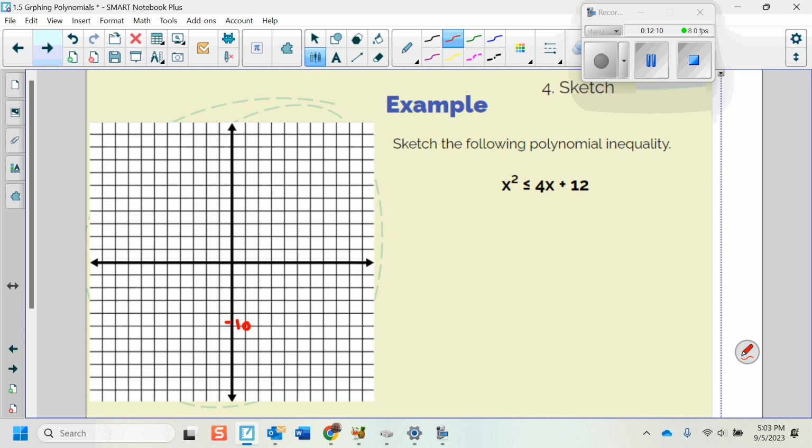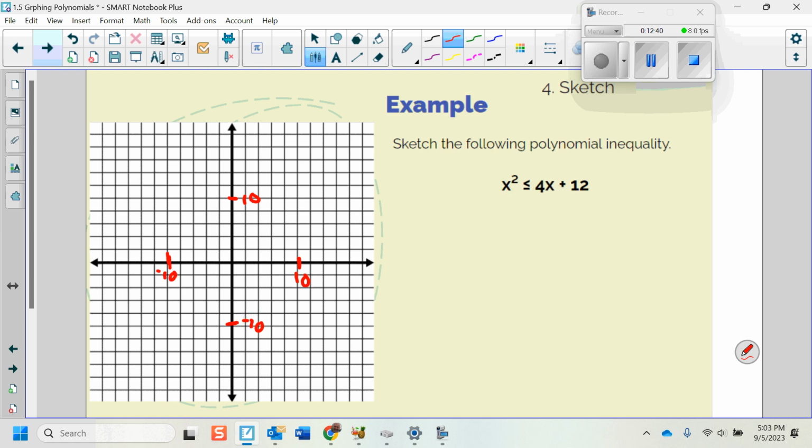Oops, I should write this a little nicer. 1, 2, 3, 4, 5 is at negative 10. I'm going to go ahead and just double everything. So 2, 4, 6, 8, 10, on each axis.